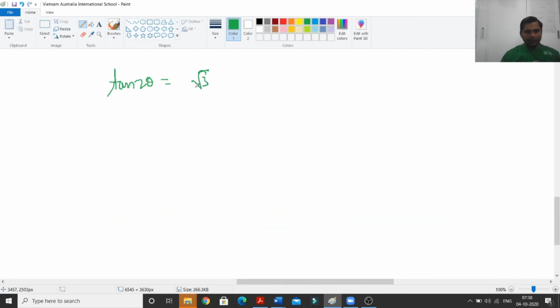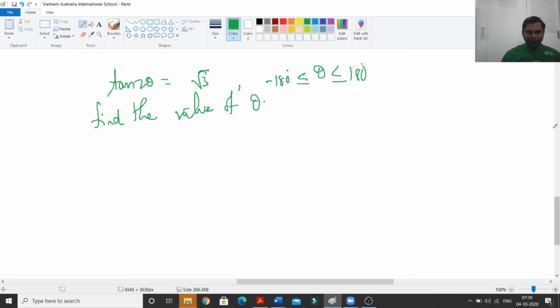Okay, tan 2 theta is equal to root 3 and theta lies between minus 180 to 180. We have to find the value of theta. So first we'll try to solve by unit circle method. So as you know, tan is y over x using the unit circle concept. So tan, we'll write y over x is equal to root 3. It means we have to draw this line y is equal to root 3x passing through the origin, right?